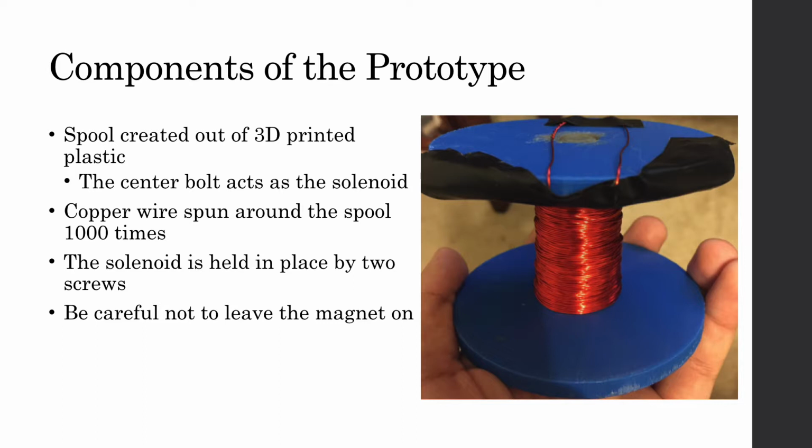The solenoid is attached to the levitator itself by 2 bolts through the 3D printed plastic, and the middle core of our solenoid is a 3-inch long steel bolt. We needed to be careful that we didn't leave our magnet on too long, or else we would run the risk of the heat generated from the magnet melting our coil itself.